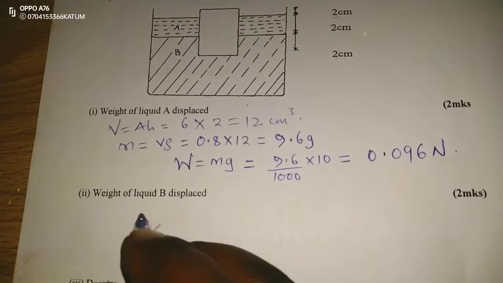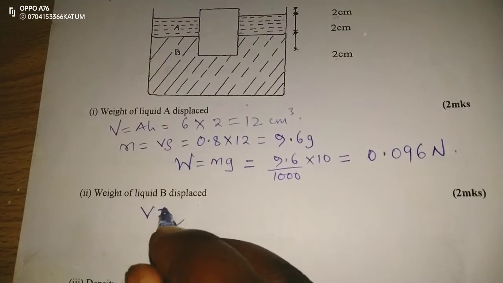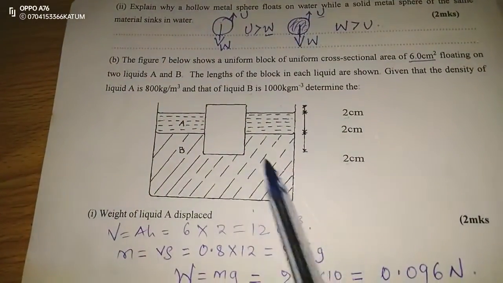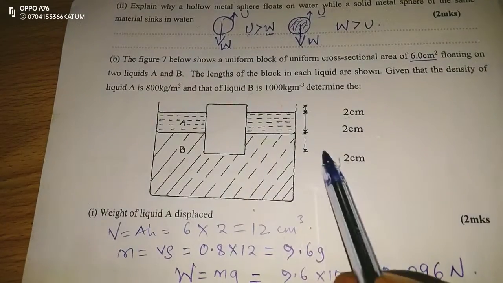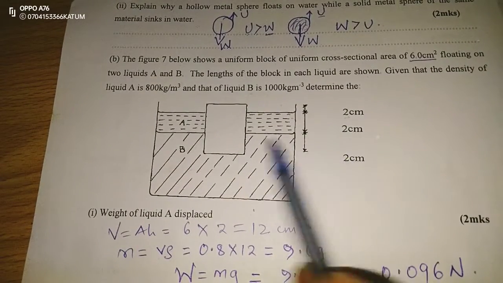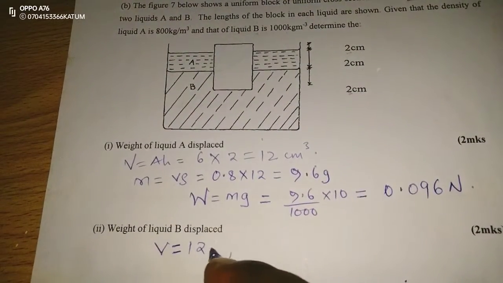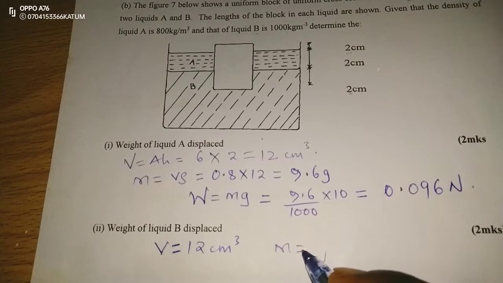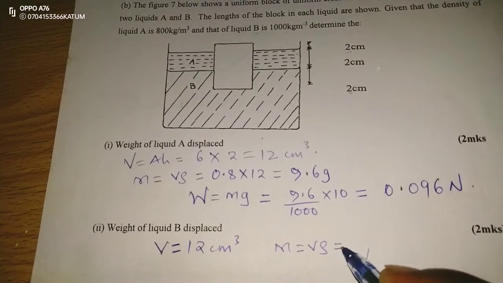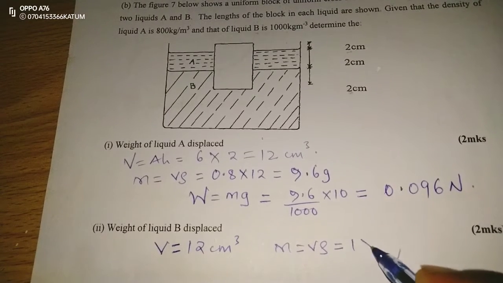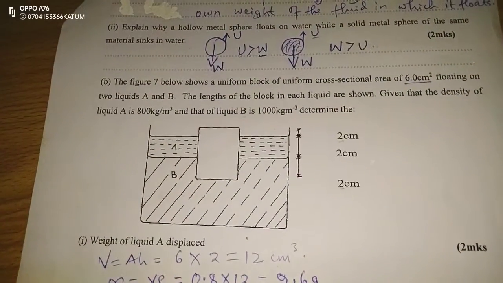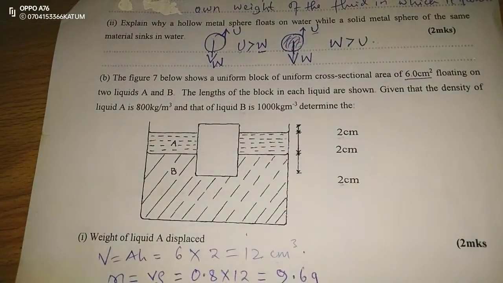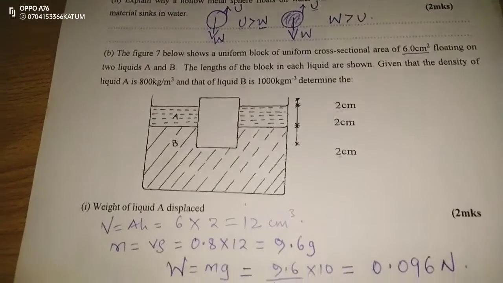Now for liquid B, the volume is going to be the same because the cross-section area for the solid is 6 and the height of the solid in liquid B is also 2. Therefore, volume is 12 cubic centimeters, which means mass is going to be volume times density. The density of 1000 becomes 1 gram per cubic centimeter by dividing by 1000.